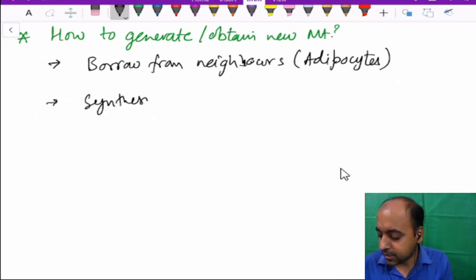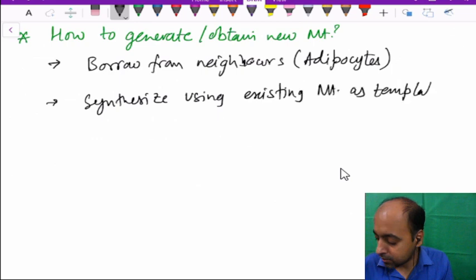You can synthesize using existing mitochondria as template, or you can have what is known as binary fission.